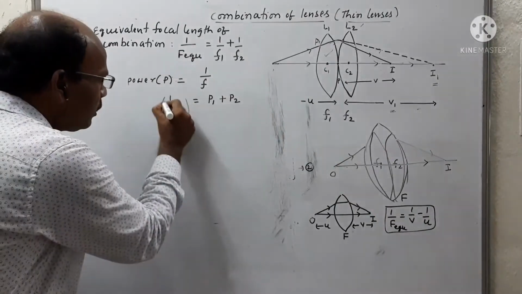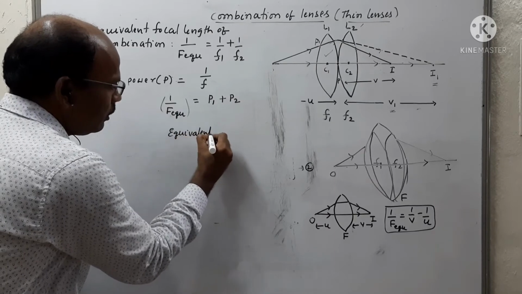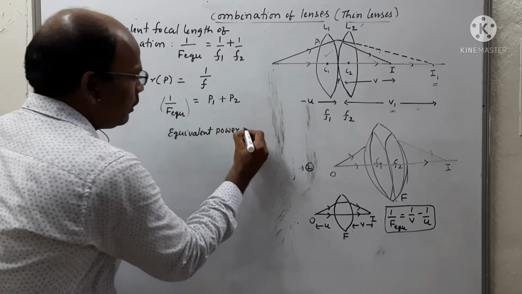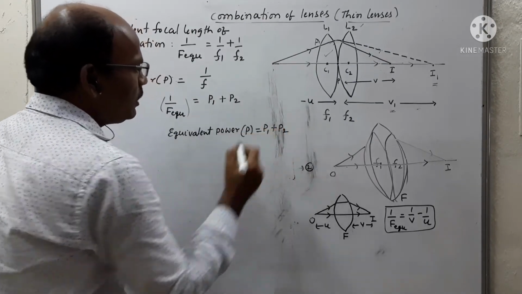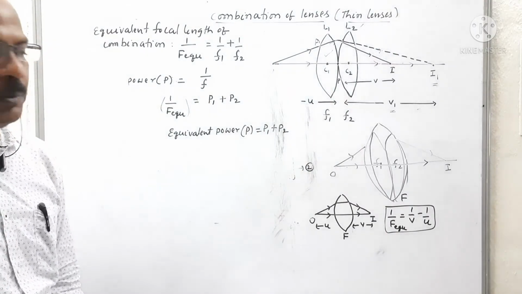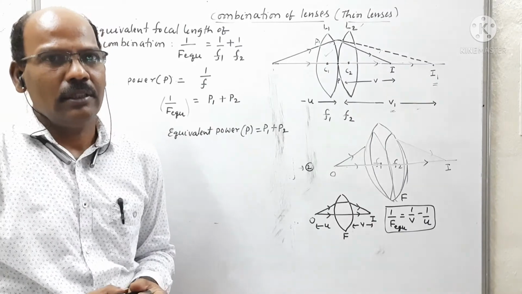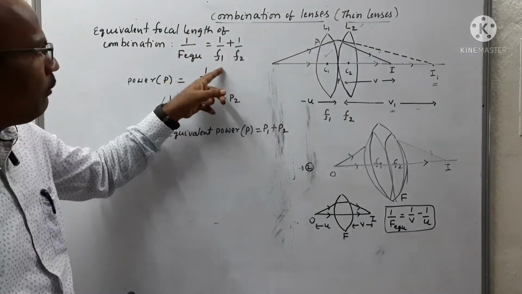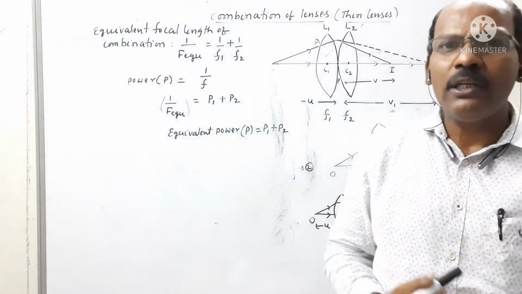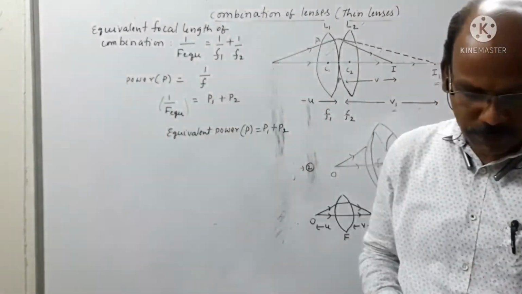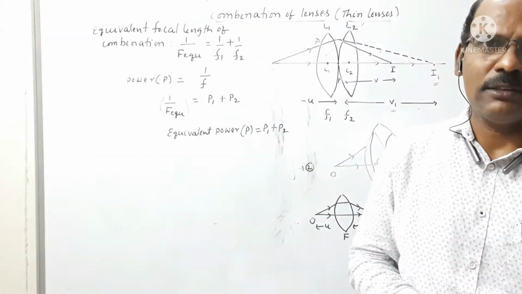So this becomes the equivalent power: P equivalent is equal to P1 plus P2. So 1 by F equivalent is equal to 1 by F1 plus 1 by F2, and P equivalent is equal to P1 plus P2. This is the combination of thin lenses.